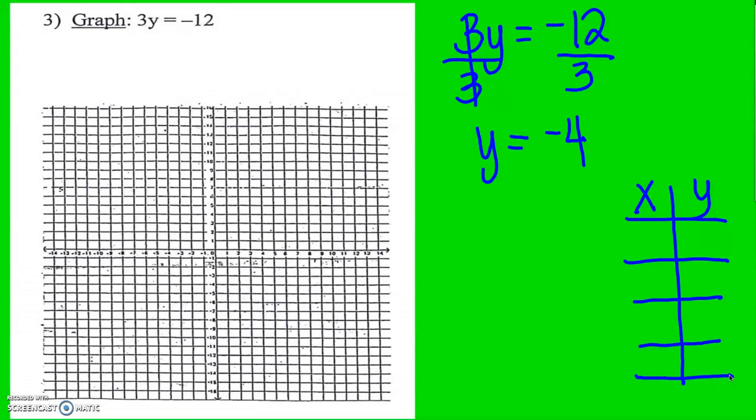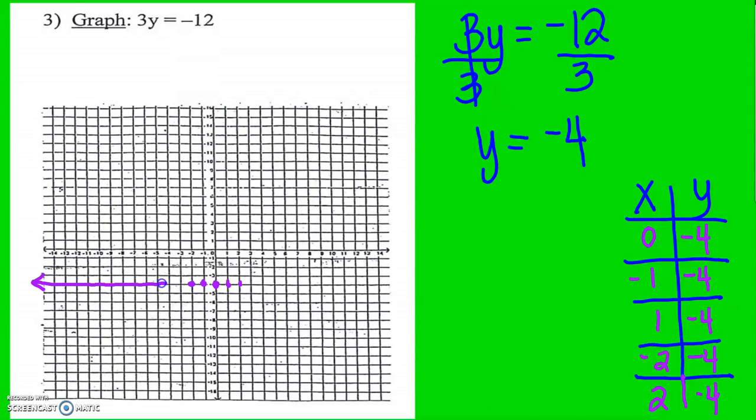Because this says y equals negative 4, then what I know is every single y value in my table is going to be negative 4. For my x values, I can make them what I want to. So I'm going to do 0, negative 1, positive 1, negative 2. And if we want to add another one, we can put a positive 2. So I'm going to grab (0, negative 4), (negative 1, negative 4), (1, negative 4), (negative 2, negative 4), and (2, negative 4).